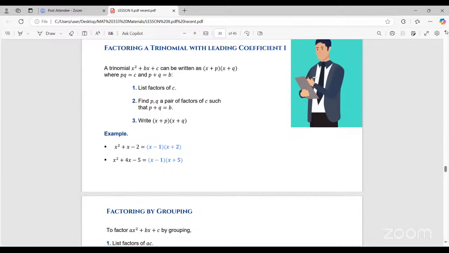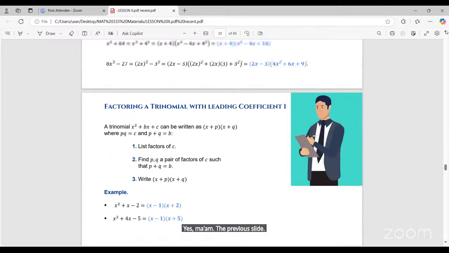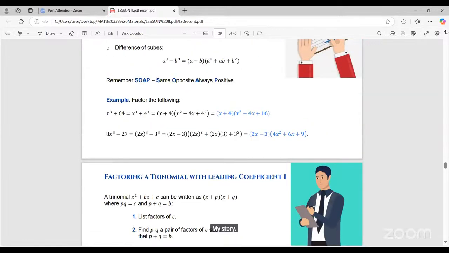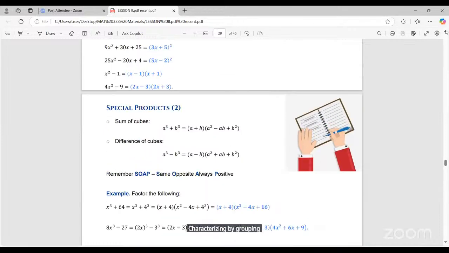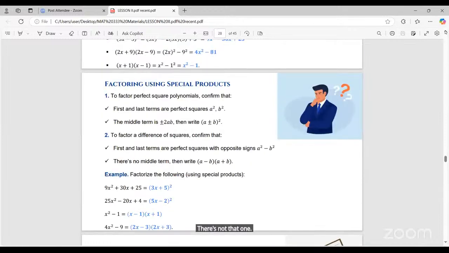I'm in the previous, the previous slide. I'm there now, but not this one. Don't pull me back. Sorry, factorizing by grouping. So it's not that one. Is it here? No, ma, please go up.